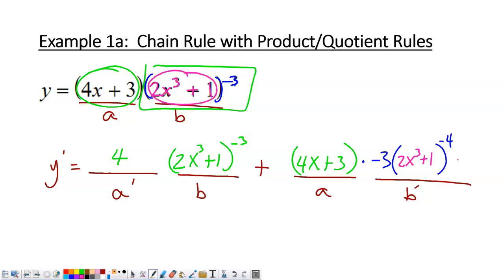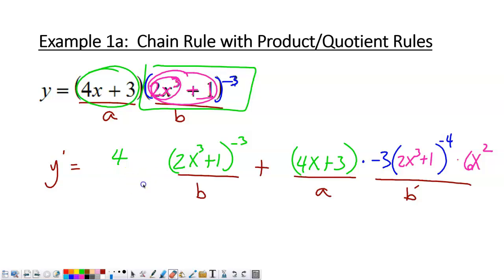The derivative of the inside, power rule here, is 6x squared. And then we have the 1, the derivative of that is 0, so we don't even need to bother writing it. So that's the big idea there. If you can get this far, you've done a lot of the work already.